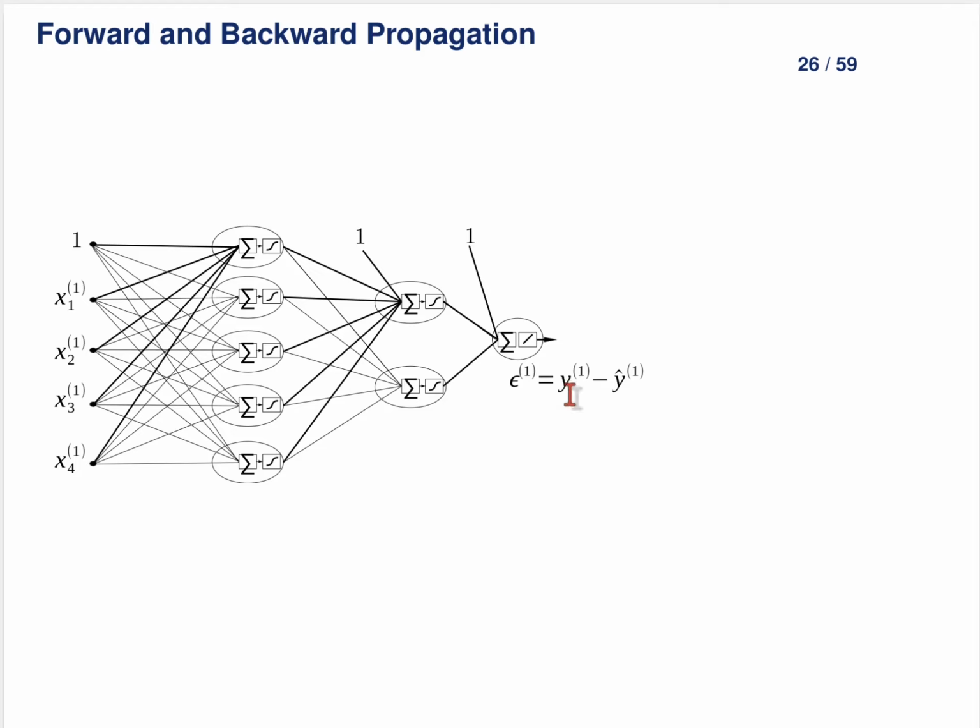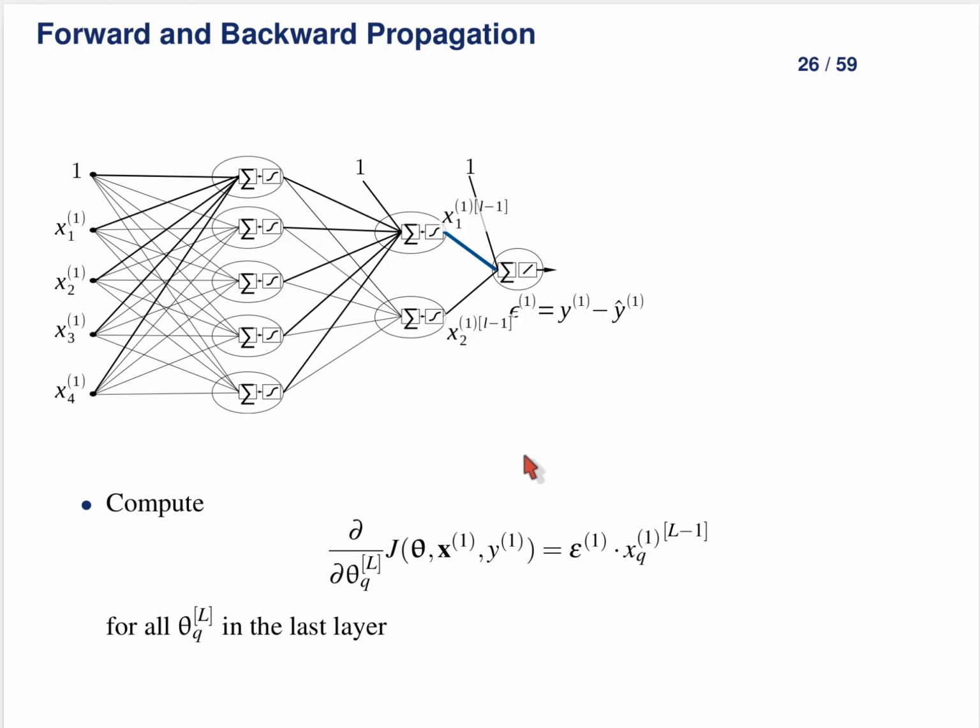We see the difference with respect to the true value of the label, and we call this difference residual, as usual. With the residual, we can immediately compute the derivative with respect to the parameters in the last layer.